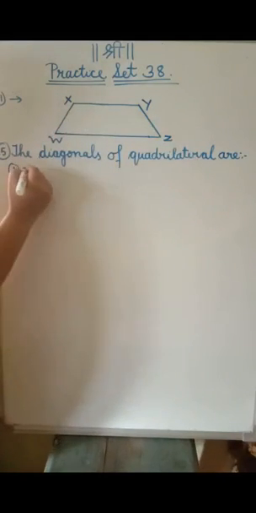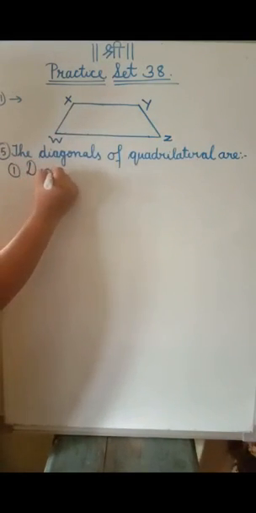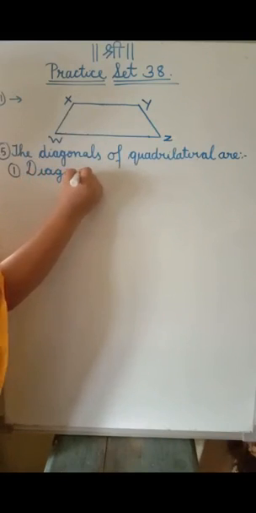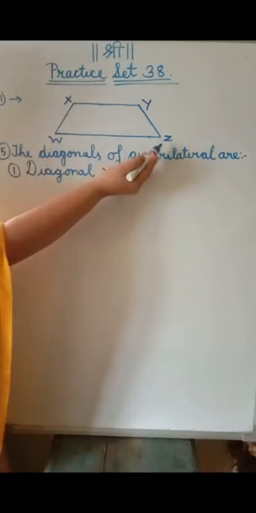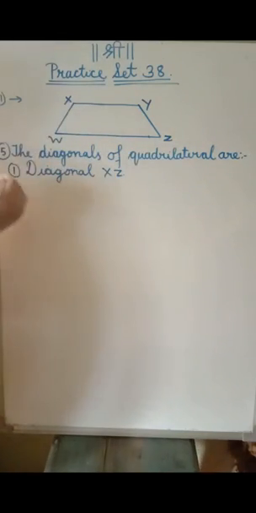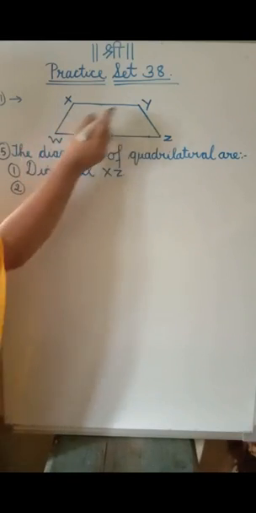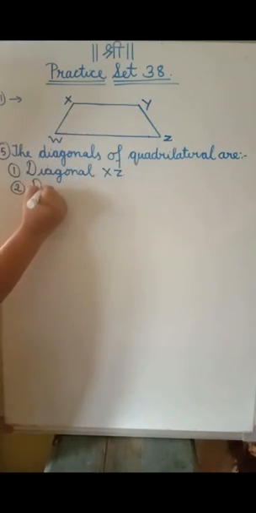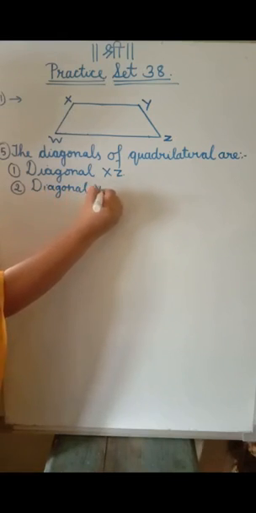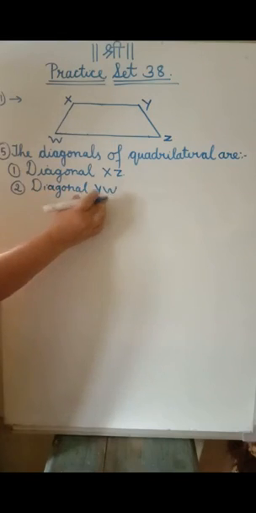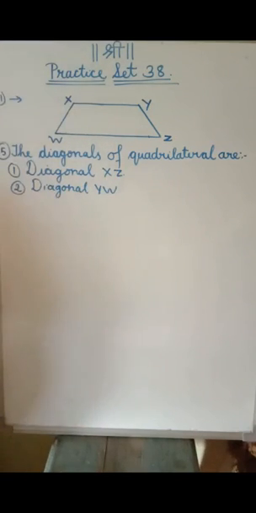So we say it as diagonal XZ, or you can also say ZX. Now the second one, joining these two vertices, will be diagonal YW, or you can say WY. These are the two diagonals of the quadrilateral.